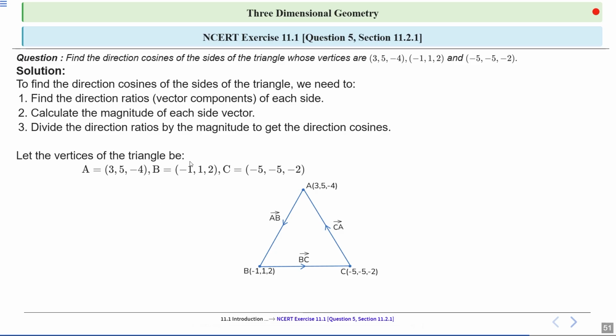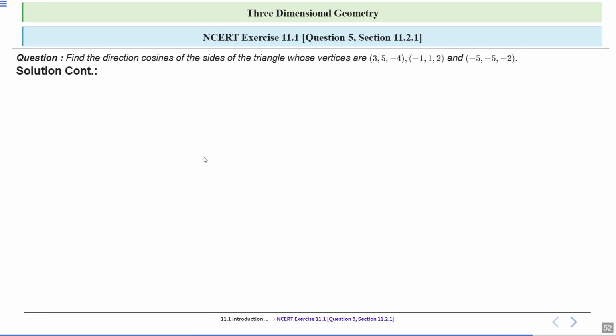It visually represents the triangle in 3-dimensional space, showing the position of points A, B, and C. So for side AB, let A equals x1, y1, z1 equals 3, 5, minus 4, and B equals x2, y2, z2 equals minus 1, 1, 2.